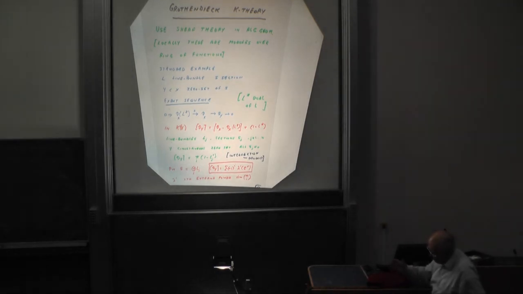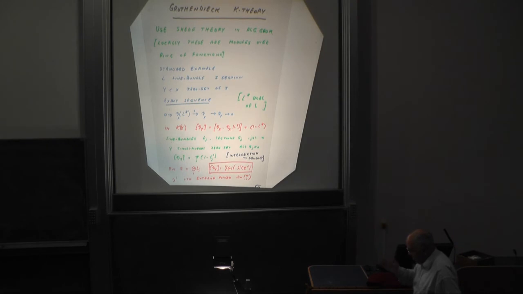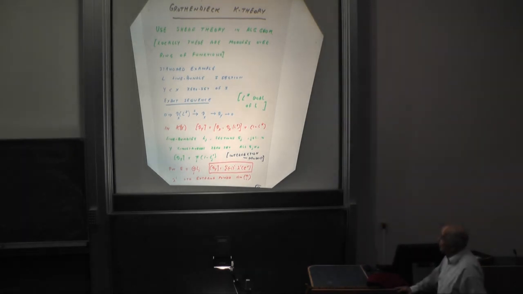Now Y, given by one equation, has a locally principal ideal. That means that locally, the ideal sheaf is itself locally free, therefore corresponds to a bundle, and the bundle it corresponds to is the sections of the dual of the line bundle L you started with. Because if you want a map from sections of L star to the trivial bundle on X, then you need to multiply by a section of the dual to cancel the L part.